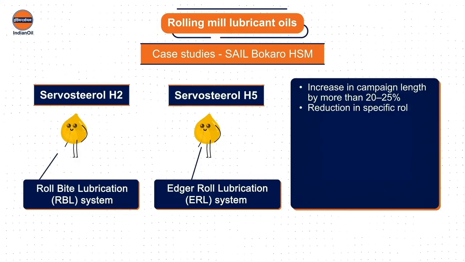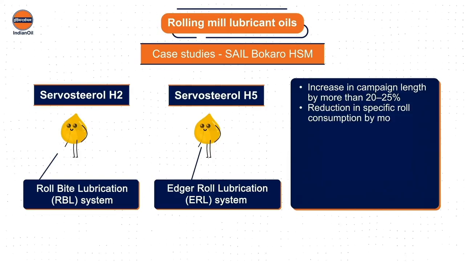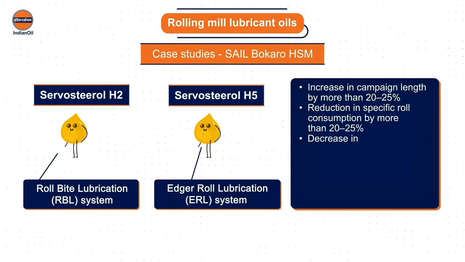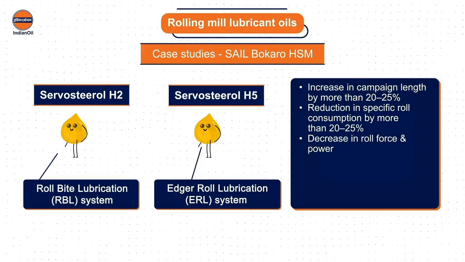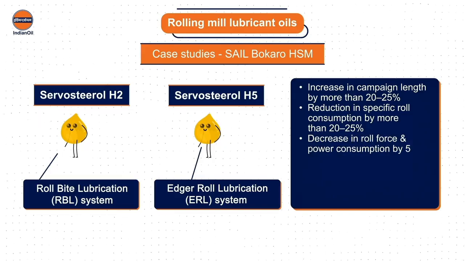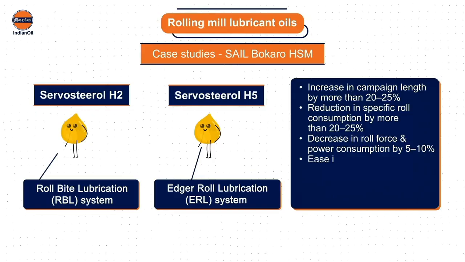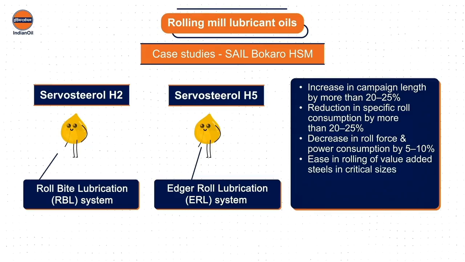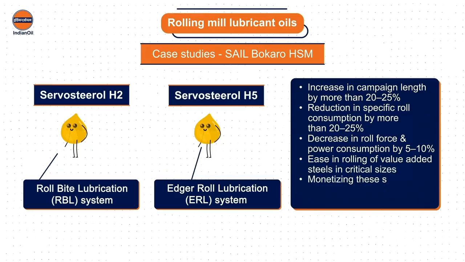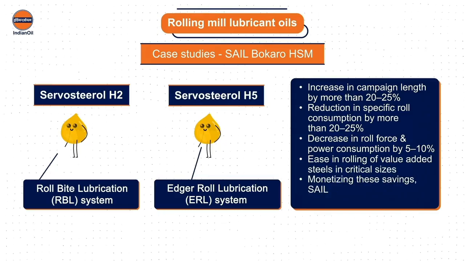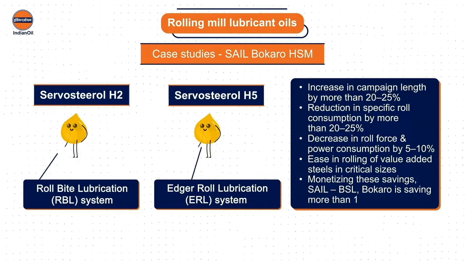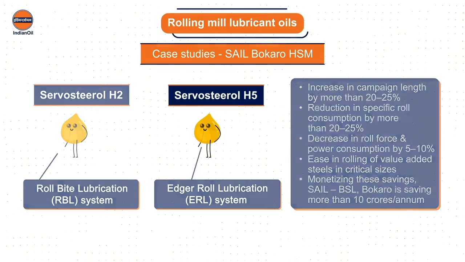Reduction in specific roll consumption by more than 20 to 25%. Decrease in roll force and power consumption by 5 to 10%. Ease in rolling of value-added steels in critical sizes. Monetizing these savings, SAIL BSL Bokaro is saving more than 10 crores per annum.